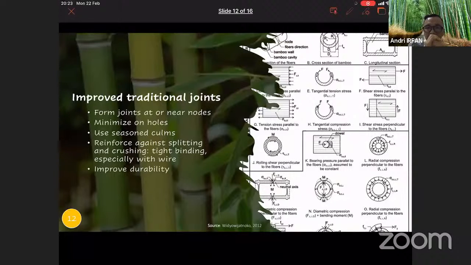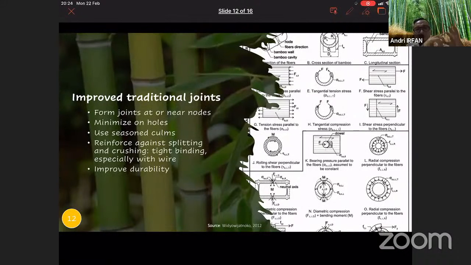The mechanical performance of traditional bamboo joints can be improved by the adoption of the following principles: form the joint at or near a node, minimize holes, use seasoned culms, and reinforce against splitting and crushing, like tight binding, especially with wire, which can itself offer good resistance to splitting.